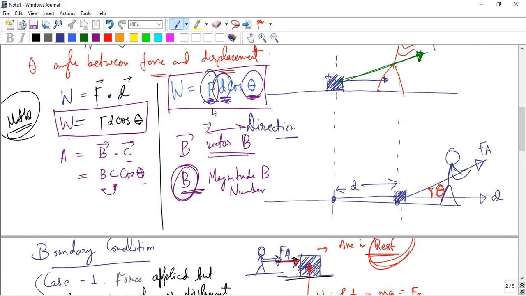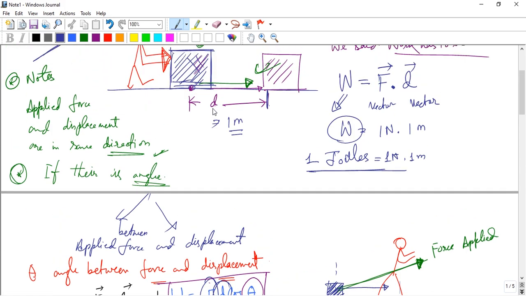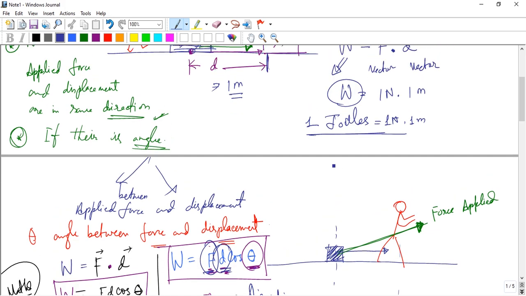Another concept that is often missed: if someone asks in a class 10 board exam, define 1 joule, the maximum number of students forget the definition or get it wrong. How to define 1 joule?